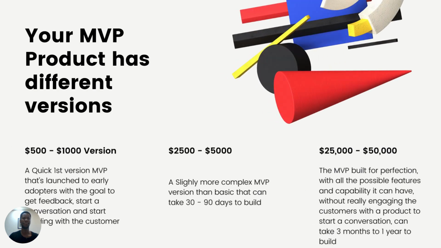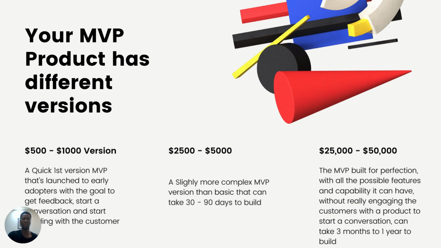And so, this is a concept that I came about, and that is the fact that whatever your MVP is right now, it has different versions, right? So if you take your idea, for example, today, I can give you a 500 to $1,000 version of that idea, right?